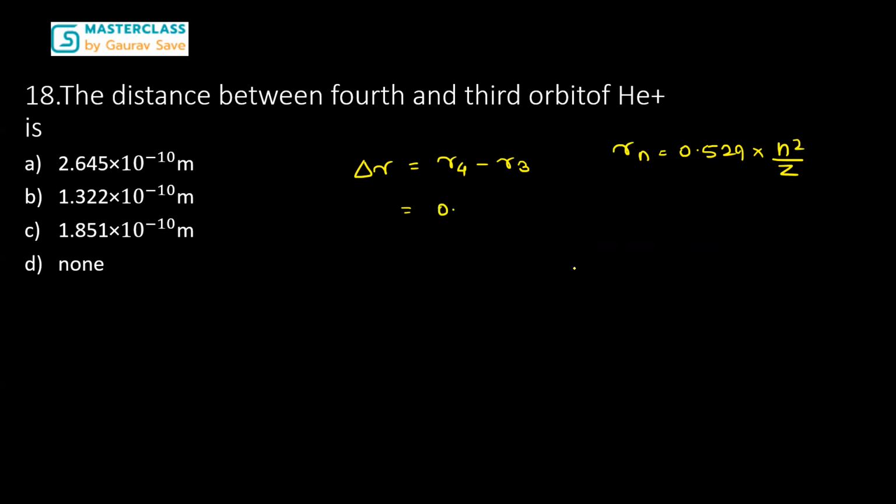So, guys, over here we'll write 0.529 into n square. For the fourth shell, it will become 4 square, which is 16, upon 2, because they are asking us for He, minus 0.529 into n square, which is 3 square, and it is 9, divided by 2, because Z for helium is 2.